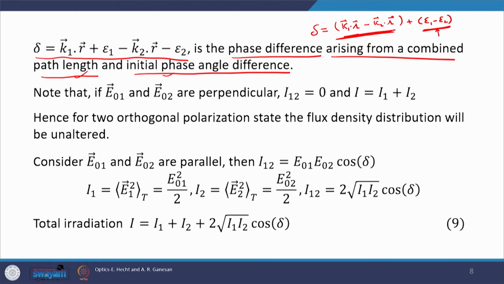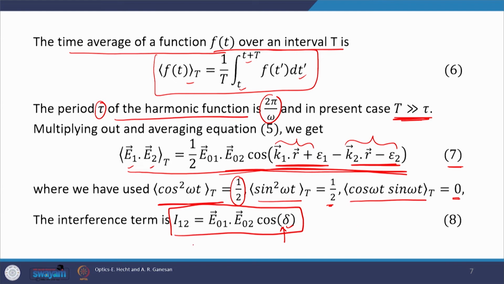Okay. Now, again come back to the final expression of the interference term. Here you see the first term is vector E naught 1 and the second term is vector E naught 2, and between the two we have kept a dot. We are taking the dot product between two vectors.